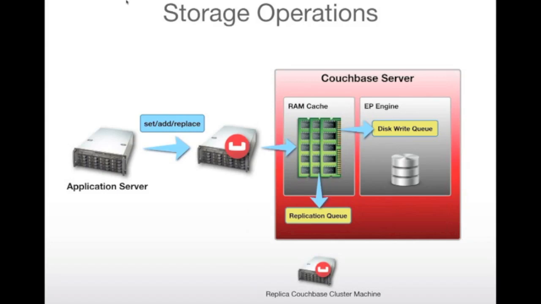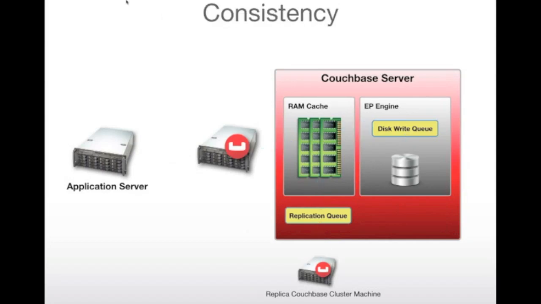Whenever you do a storage operation, it goes into RAM cache first, then it gets put into a disk write queue and a replication queue, and then we have I/O writers writing those to disk, and also across the wire we're transmitting those documents to replicas for failover. So what we have here is an operation that goes to RAM cache first, then disk write queue, then to disk.